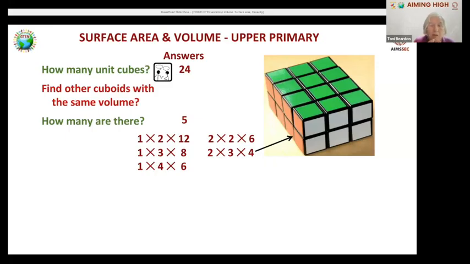So it wants to be 1 by 2 by 12, 1 by 3 by 8, 1 by 4 by 6, and those all give you 24. But then you can't use 5, and if you go 1 by 6, then you're back on the one that you've given there, 1 by 4 by 6. So that's all of the possibilities with a 1 in them.